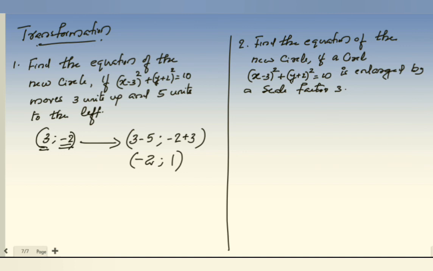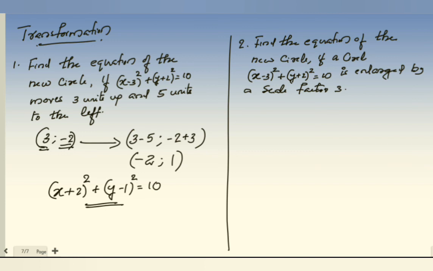When there is a translation, only the position of the circle will be changed. So the radius remains the same. So the equation of the new circle is x minus minus 2, that is x plus 2, all squared, plus y minus 1 all squared, is equal to r squared, which is 10. This is the equation of the new circle.